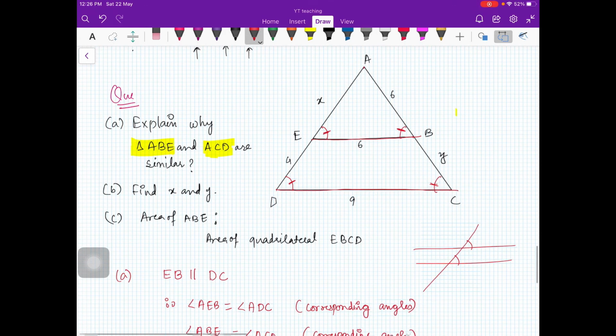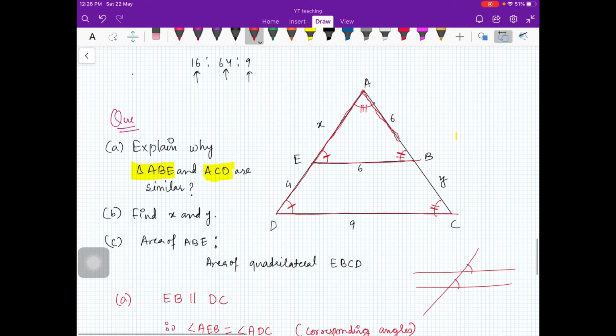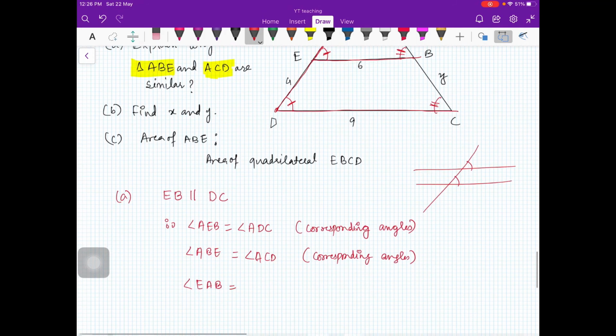Okay, so what you get? This angle is equal to this angle, and this angle is common to both the triangles. It is there in the small triangle also, and this is there in the large triangle also, right? So you can say angle EAB is same as angle DAC.